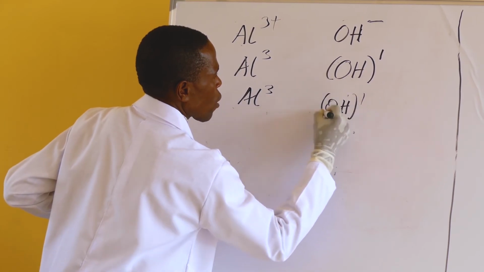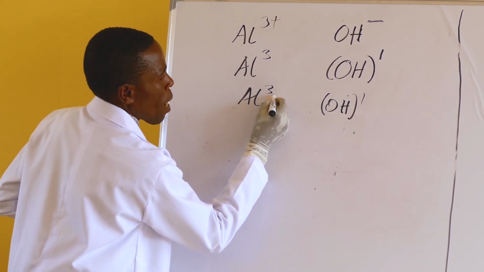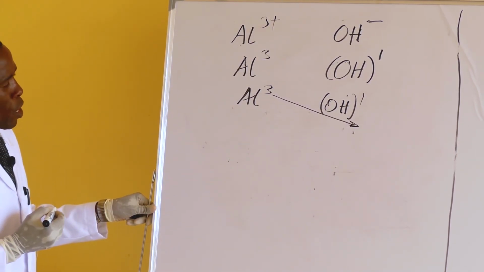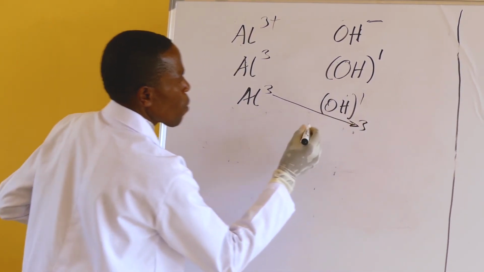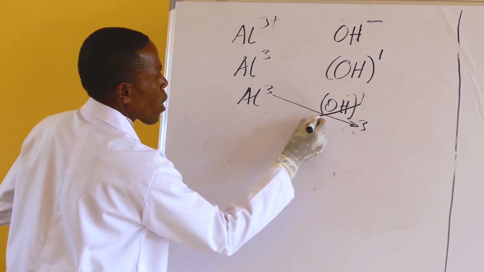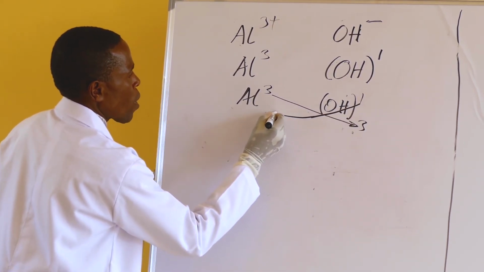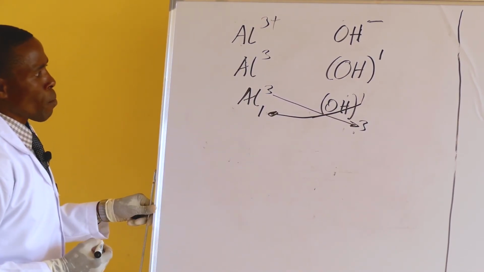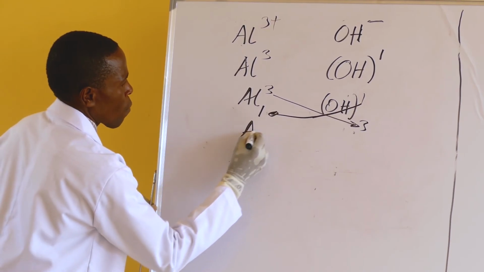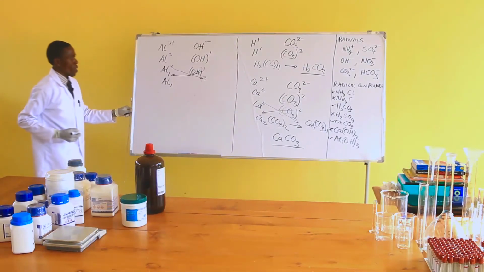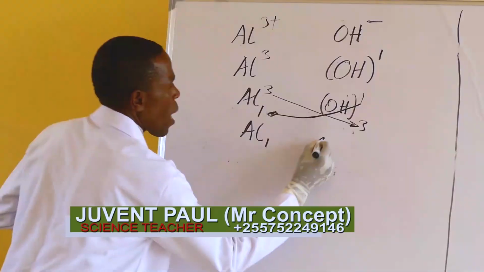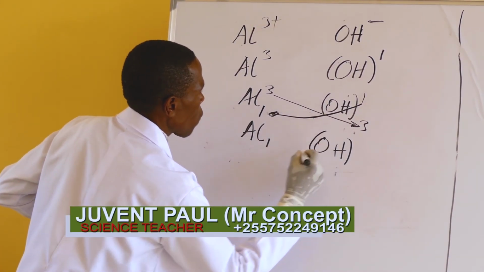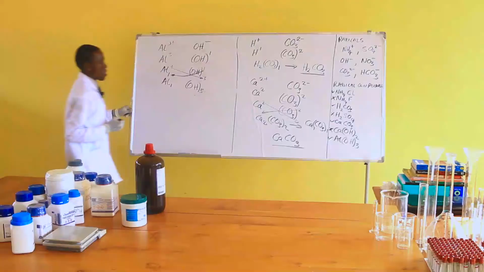1 outside the bracket. Now, 3 from aluminium moves to hydroxide, and it will be written as a subscript. And 1 from hydroxide will move to aluminium, and it will be written there as a subscript. Then we have aluminium with a valence of 1, and hydroxide in a bracket with a valence of 3.